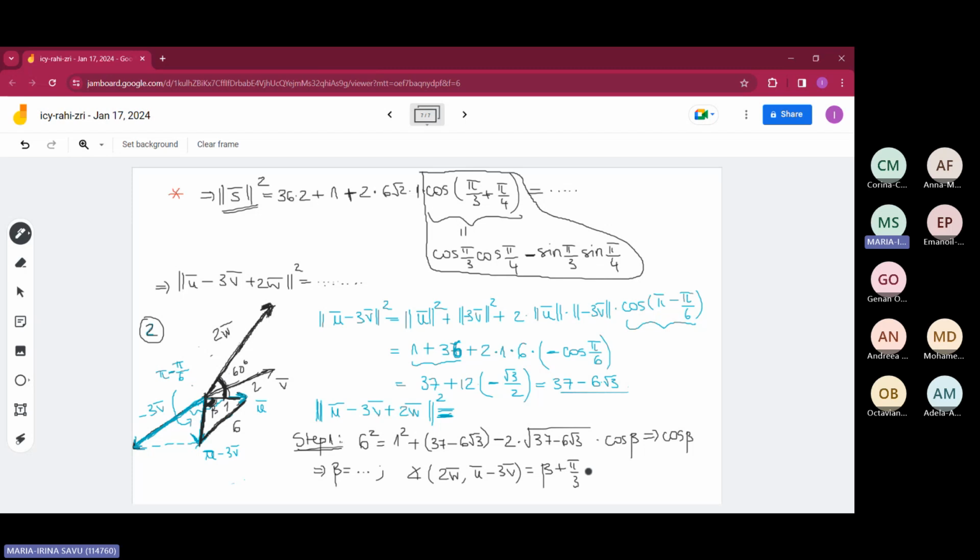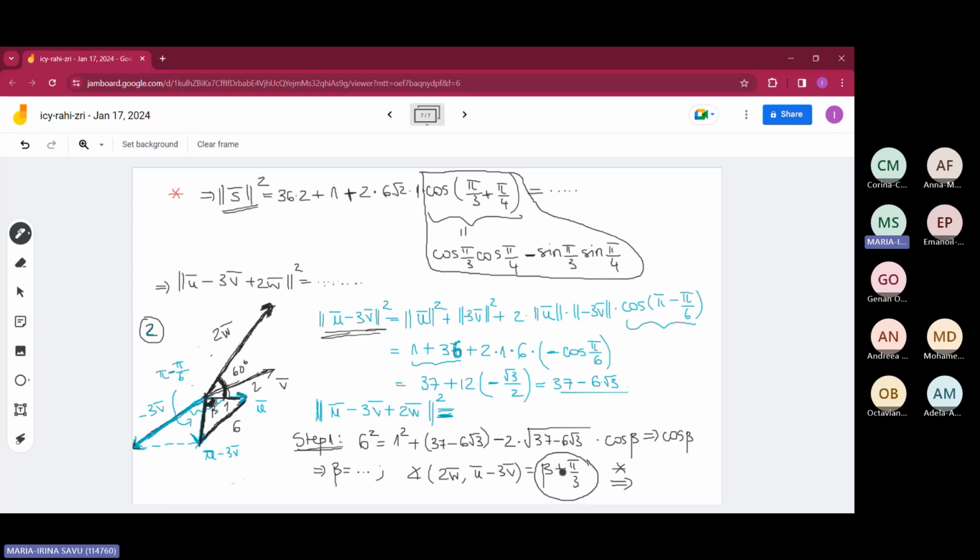Okay, and using this angle, you will apply again that formula star, which is the length of the sum, and you know the length of 2w, which is 6. You know this one, you have to find the length of the sum.